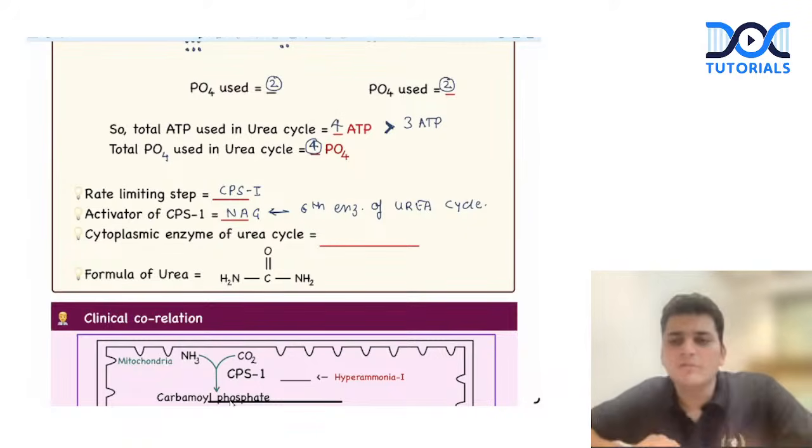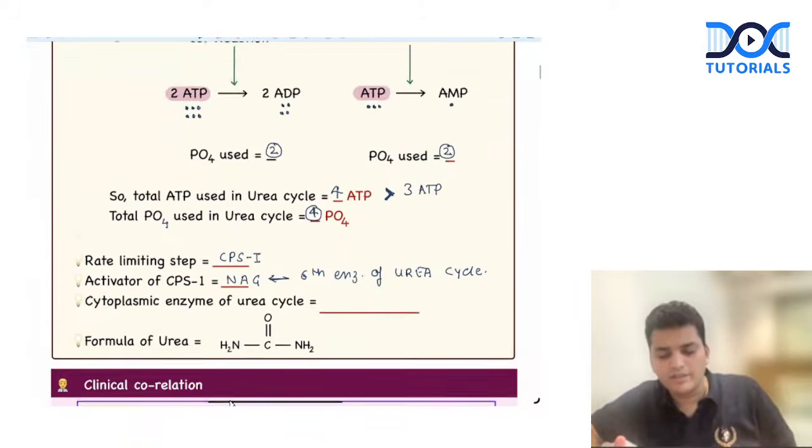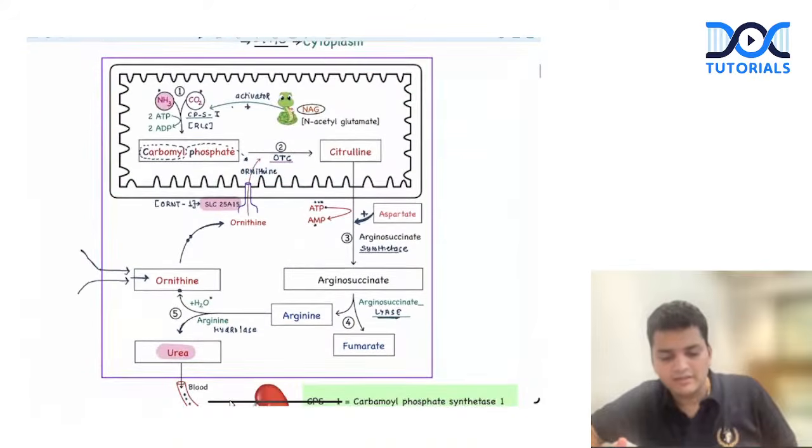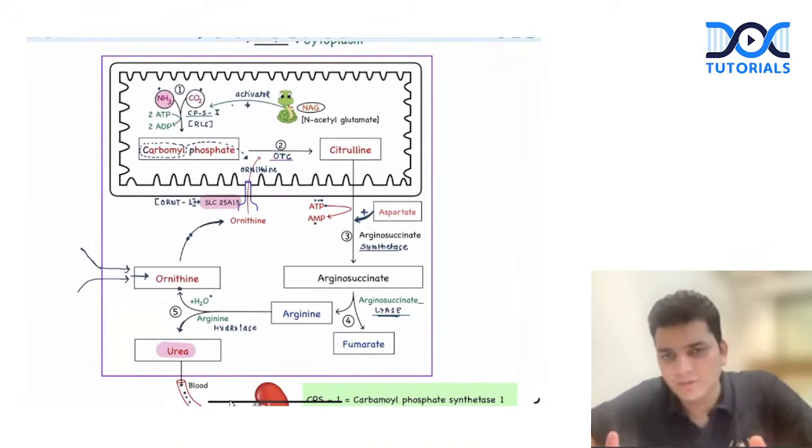Then they ask, all of the following are cytoplasmic enzymes of the urea cycle except, because you can see that the combination is like this: 2 enzymes are in the mitochondria and 3 in the cytoplasm. And they ask which is the cytoplasmic enzyme, which is the mitochondrial enzyme, and how we will remember this.